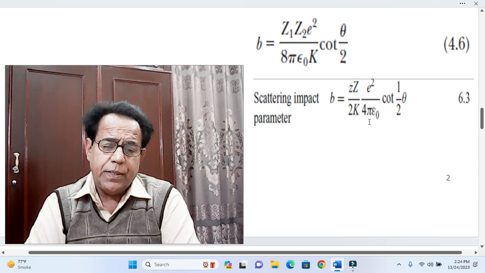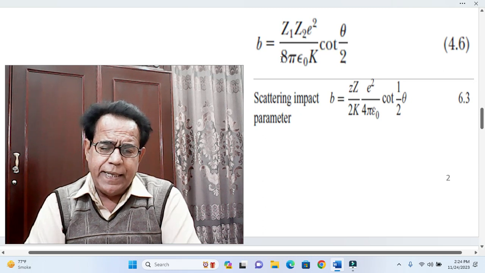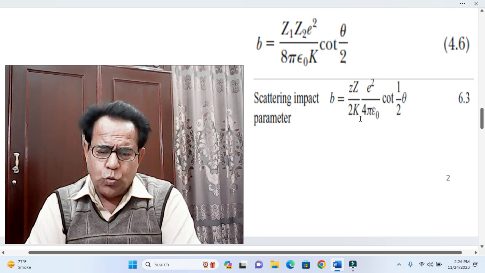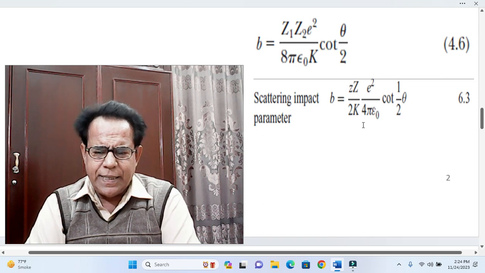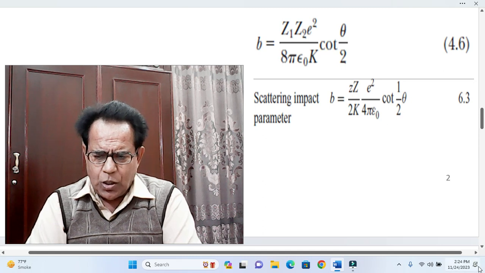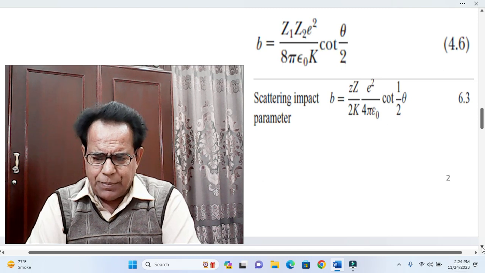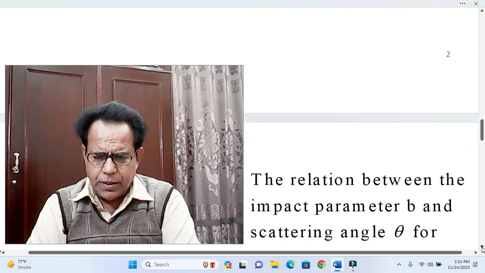What change actually is that 8 has been split into 2 into 4. Moreover, the remaining is the same, cot theta by 2. Now we move forward and see some other snapshot.